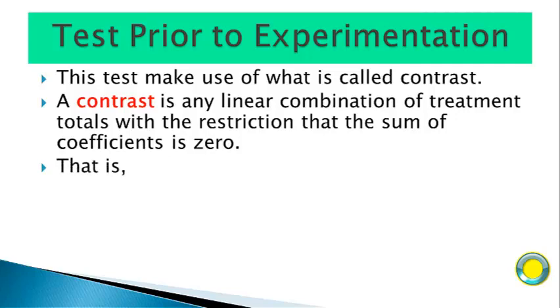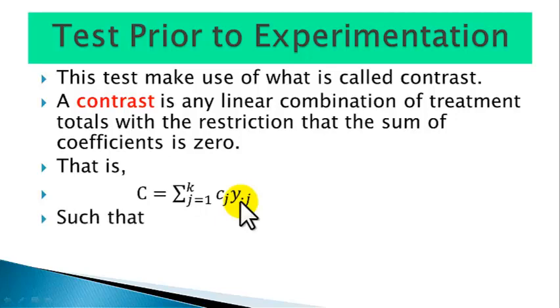That is, linear combination of the form C equal to sum j from 1 to k of Cj y dot j, where Cj is the contrast coefficient of treatment j and y dot j is treatment j total, such that the sum of the coefficient is equal to 0. Any linear combination satisfying this condition is what we call a contrast.